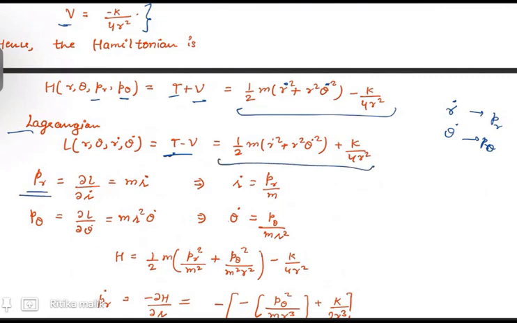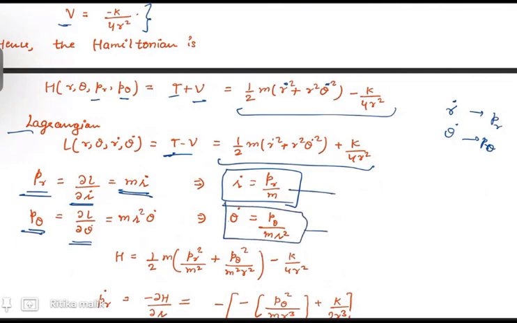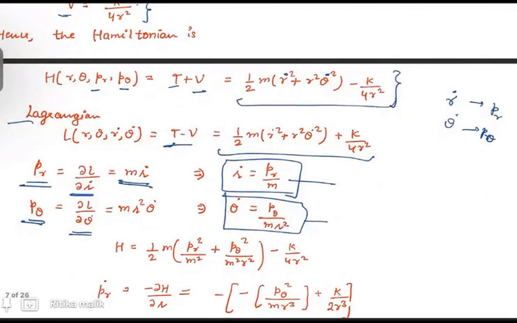We know that pr is given by del L by del r dot, which is m r dot. From there, we get the value of r dot in terms of pr. Similarly, p theta, which is given by del L by del theta dot, gives us the value of theta dot, which is p theta by m r square. Now we replace r dot and theta dot in the expression of the Hamiltonian, and this will become our Hamiltonian.